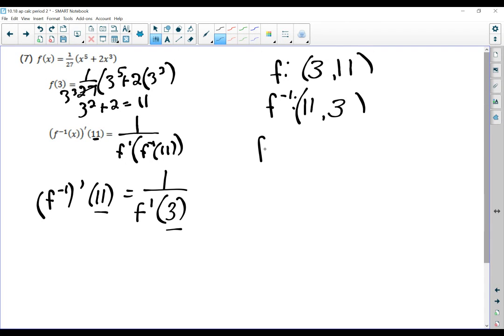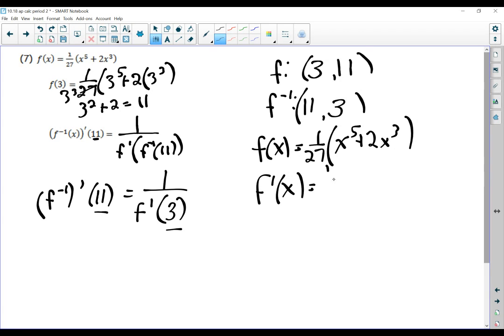So now if f of x equals 1/27 of x to the 5th plus 2x cubed, then f prime of x would equal 1/27 of 5x to the 4th plus 6x squared.